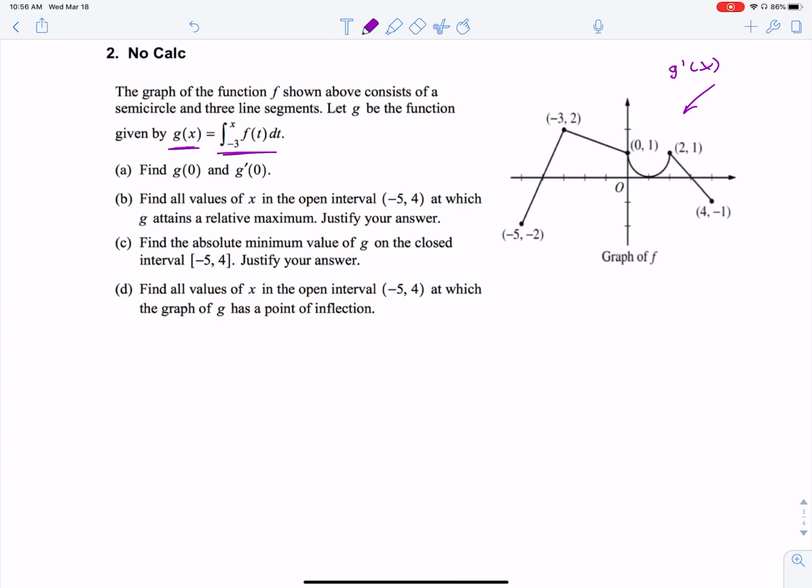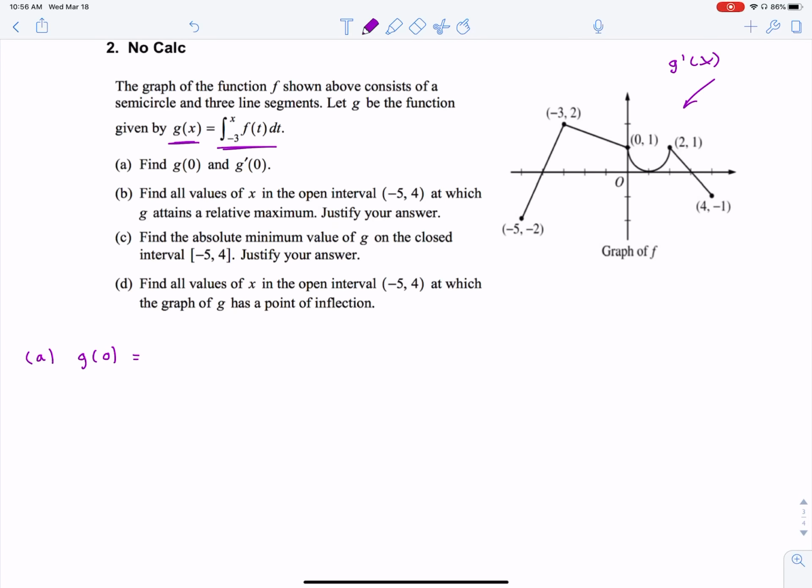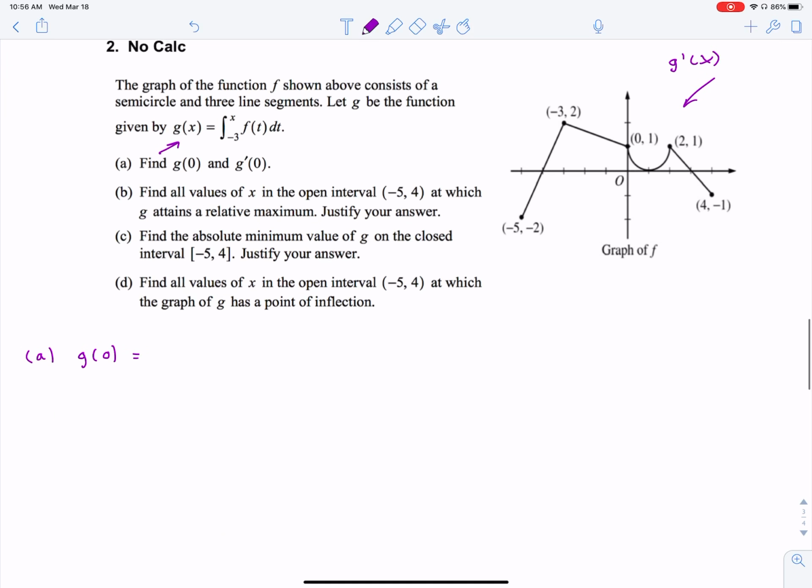The first thing we want to do in A is find g of 0. Notice the way they define things: g of x equals this function. So g of 0 equals the integral from -3 to 0 of f of t dt. And remember, that definite integral represents the positive or negative area from the curve to the x-axis.